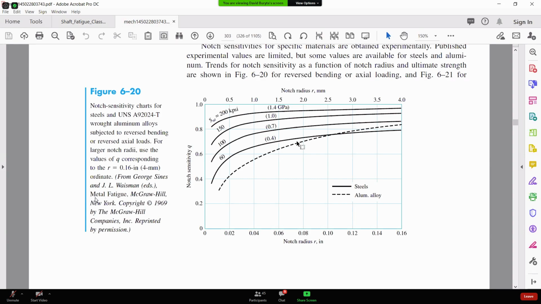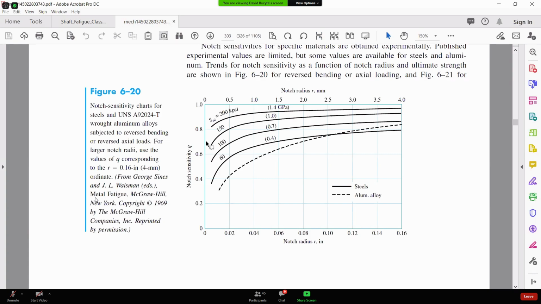I'm going to use this point here where it intersects this dotted line. I estimate that the 0.3 curve is that much below the 0.4 curve and come across, and I get approximately my q value of 0.7.